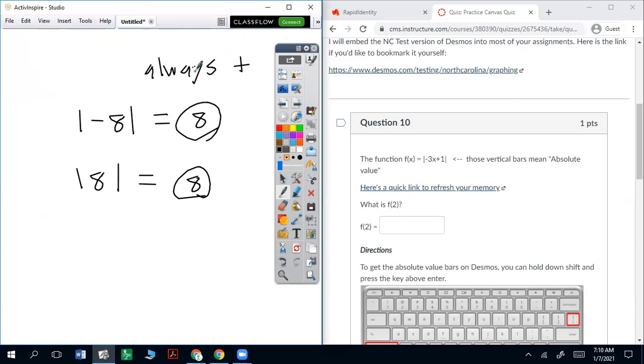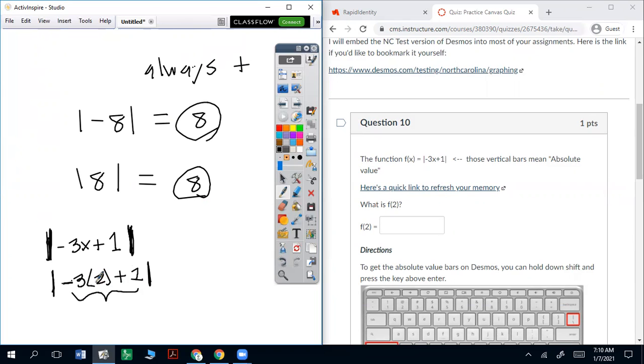So what does that mean when I plug in things in an absolute value? The absolute value of -3x plus 1. Well, if I'm plugging in 2, then I have to do the absolute value of -3 times 2 plus 1. But we don't want to change that negative to anything, because we have to evaluate the stuff in here before we can actually change the sign.